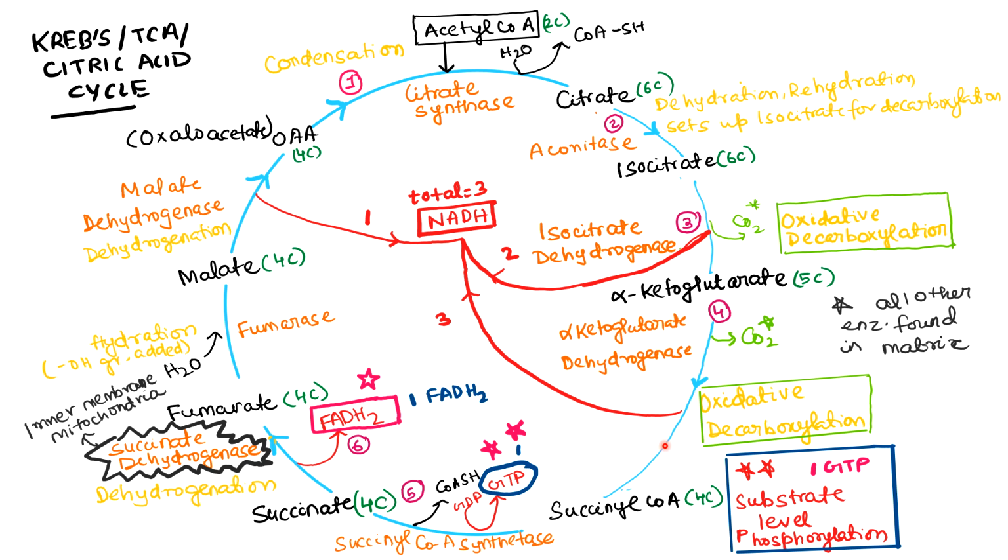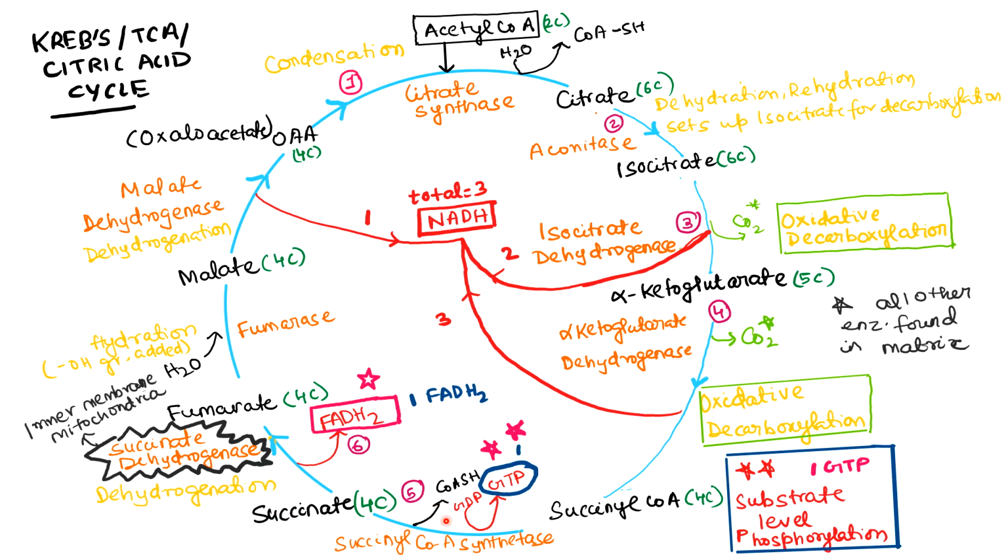Now next, let's see step number 5 of the Krebs cycle. The succinyl coenzyme A formed, which is a 4-carbon compound, loses its coenzyme A group, and the product formed is succinate.